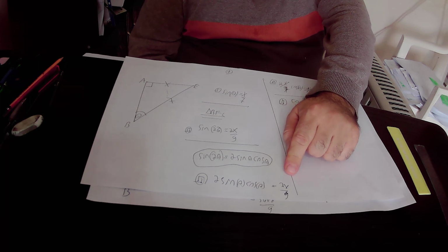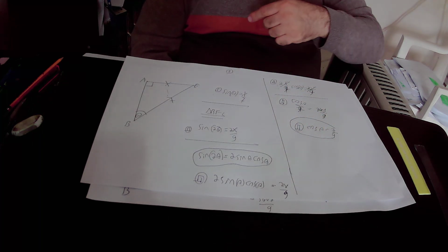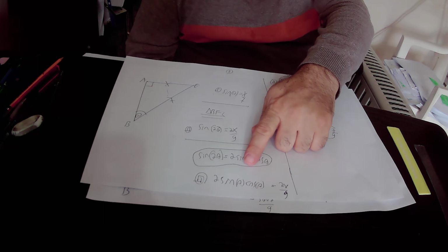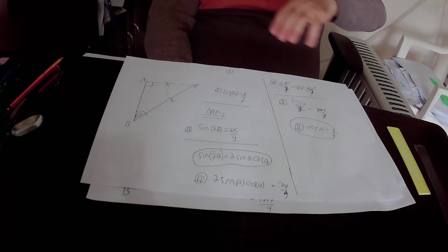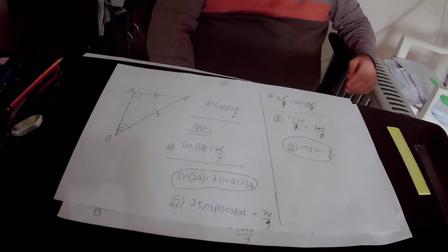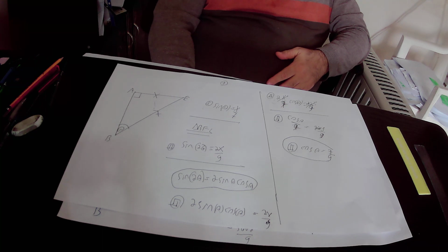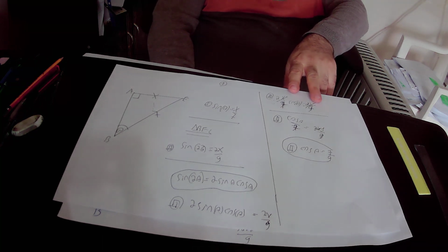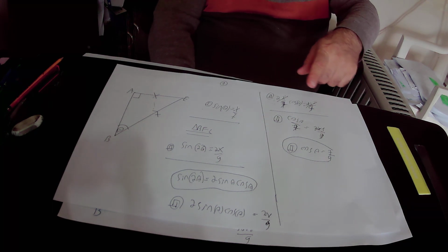So here we know that sin theta equals x over 7 according to equation number 1. So we substituted sin theta here by x over 7. We got this equation and we divided both sides of the equation by 2x, and we got that cosine theta over 7 equals 1 over 9.